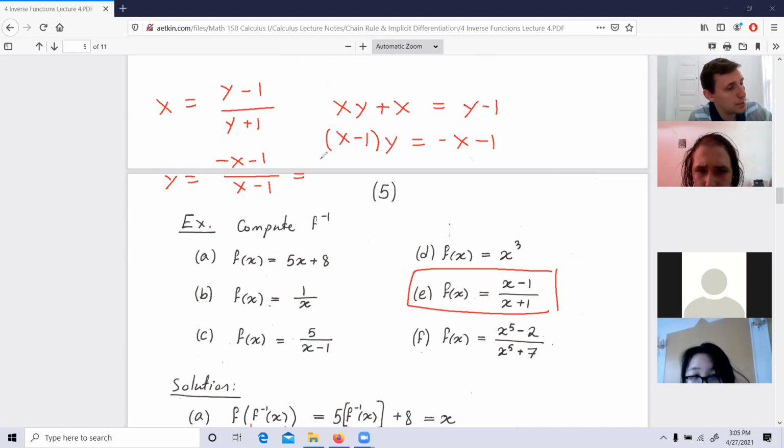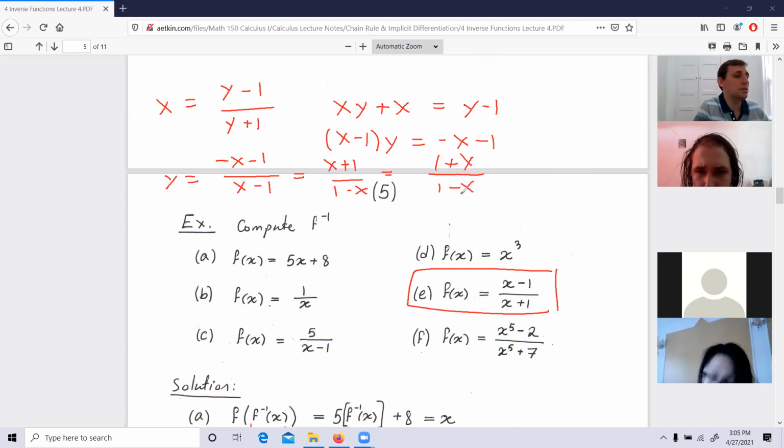You can write this, if you prefer, as x plus 1 divided by 1 minus x, or better, 1 plus x divided by 1 minus x. Yes? All right, good. Now solve question F, please.